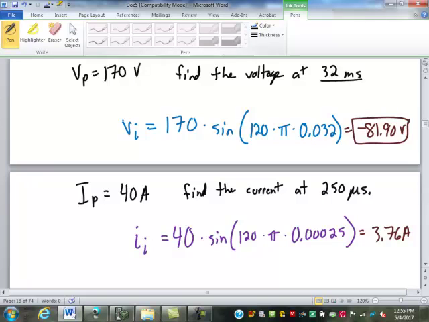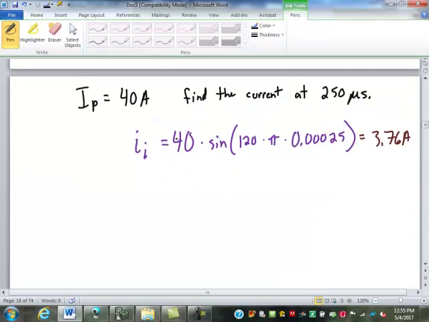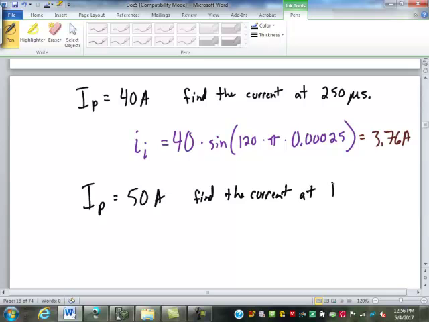Have you guys try one here quick. So if I give you the peak current is 50 amps, find the current at time equals 55 milliseconds. So find that one on your own for quick.